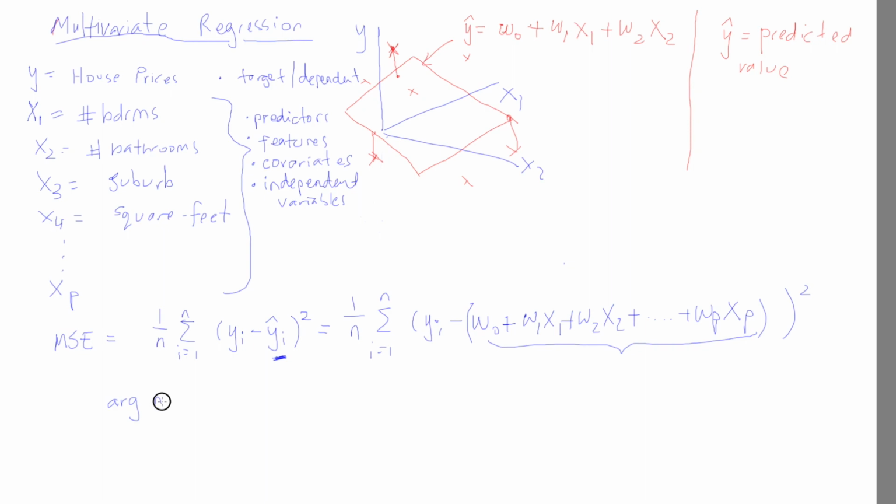Well, slightly different. We're going to have W hat 0, W hat 1, but we're also going to have all the way up to W hat P, and now we're minimizing 1 over n the sum of yi minus W0 minus W1 xi minus all the way up to WP xp squared with respect to W0, W1, W2, W3, all the way up to WP.